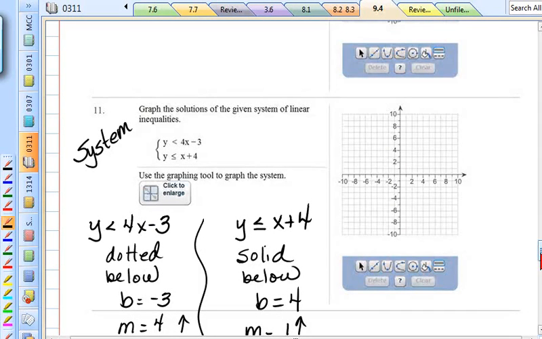All right. The first one, I begin at -3. I move up 4 and over 1, and I draw, remembering, a dotted line. And I'm going to shade below it, and I'm going to use kind of a pink.